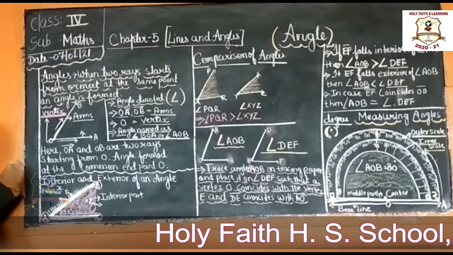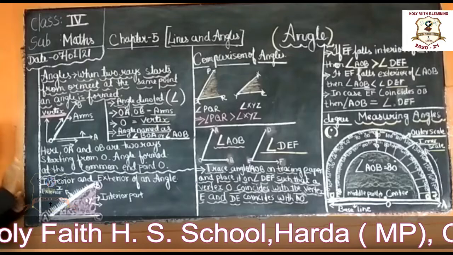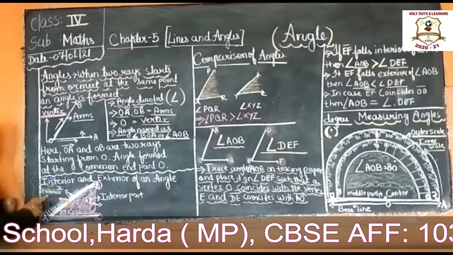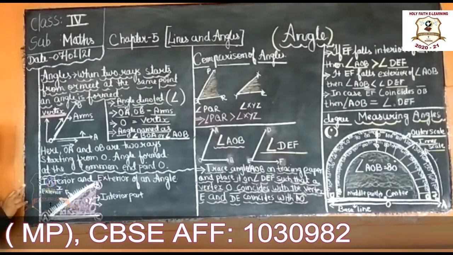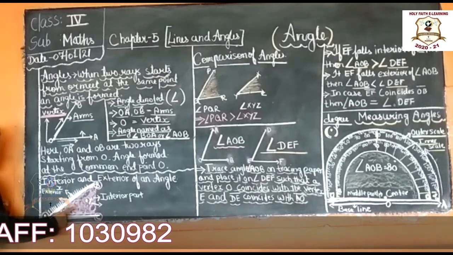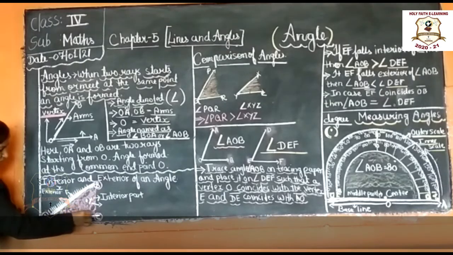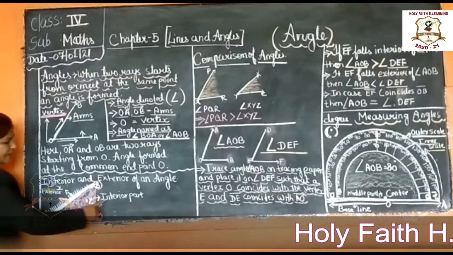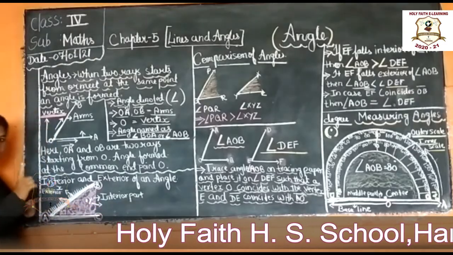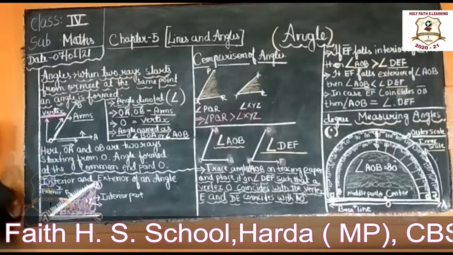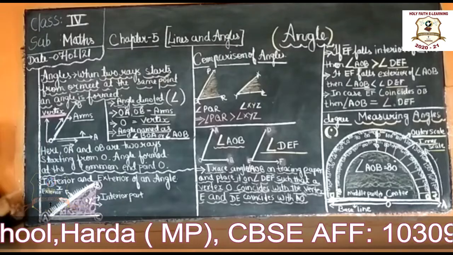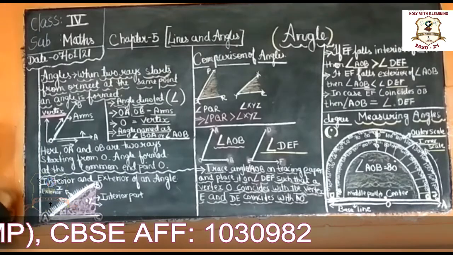Exterior means the outer side. And the inner portion is called the interior part of an angle.